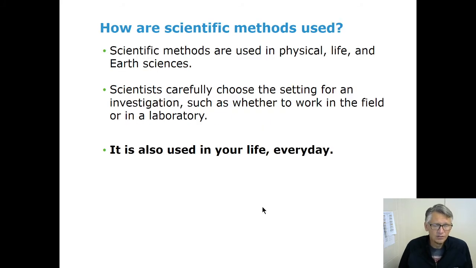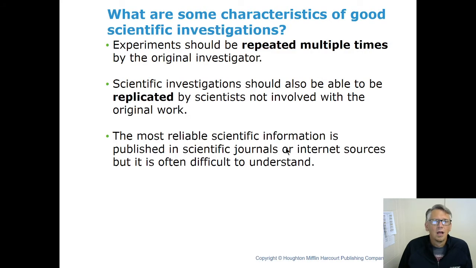In my eyes, science is happening all the time. Now, are you going to go through the scientific method all the time? No, but it is part of your everyday life. And when we take a look at a good scientific investigation, it should be repeated multiple times.